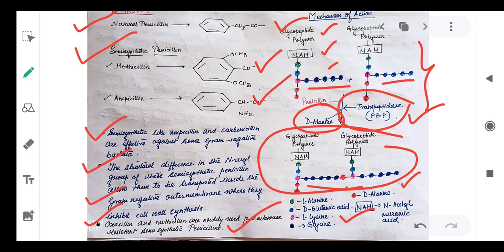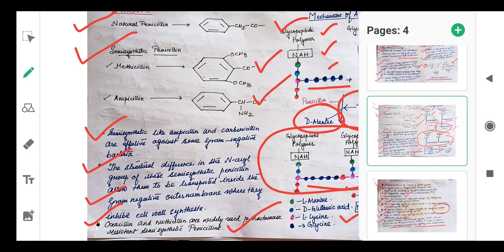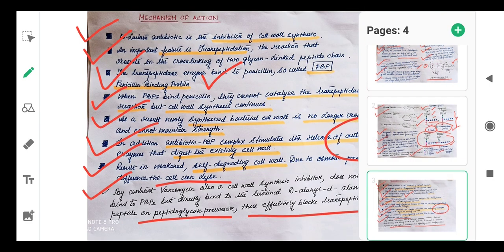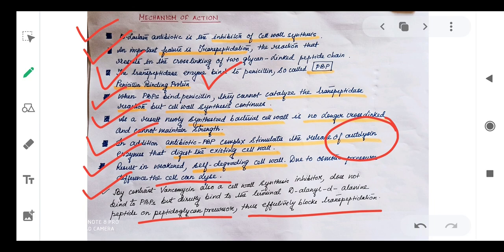So this reaction is very necessary for the synthesis and the strength of your peptidoglycan cell wall. But when it is your beta-lactam antibiotic, what does it do? Beta-lactam antibiotic is an inhibitor of cell wall synthesis. An important feature is transpeptidation, the reaction that results in cross-linking of two glycan-linked peptides, I have already told about.